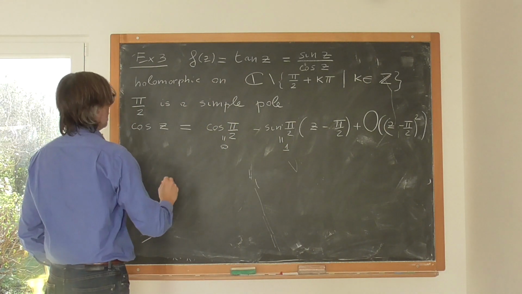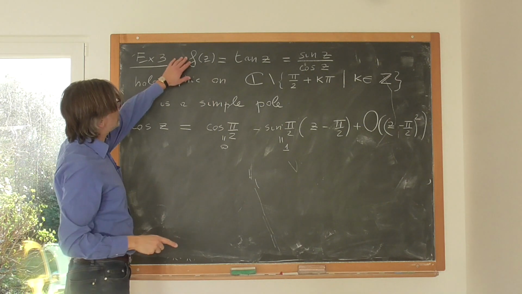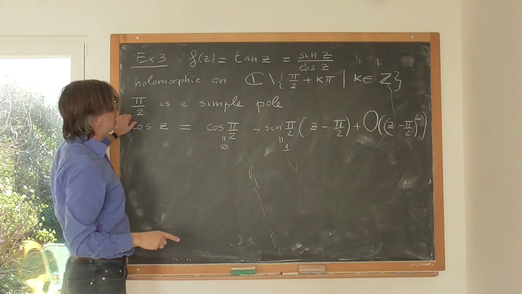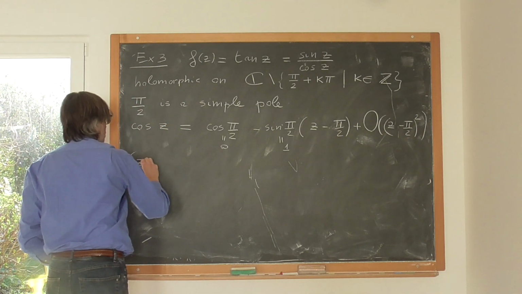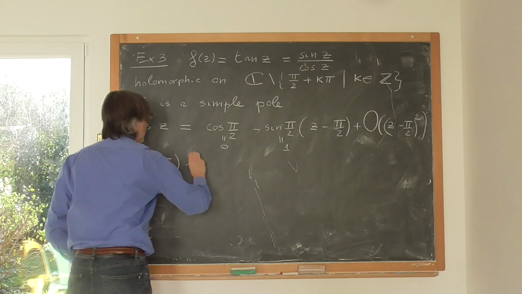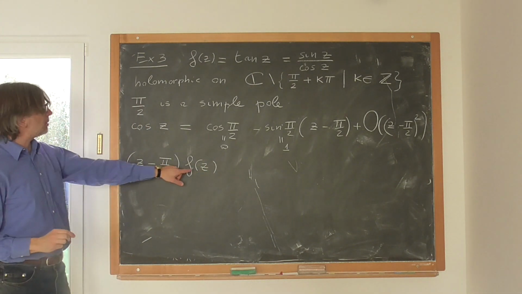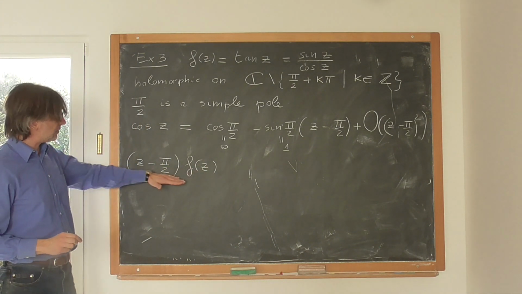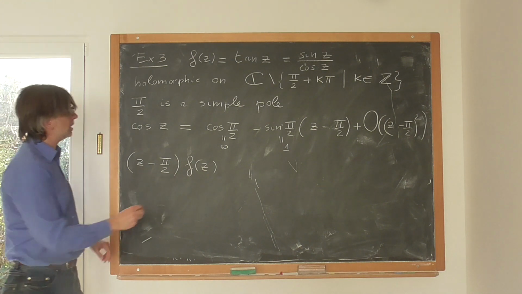So if we look at our function f, we want to show that pi half is a simple pole. So we want to show that if we multiply our function by z minus pi half, we write (z minus pi half) times f of z, this function now has a removable singularity at pi half.